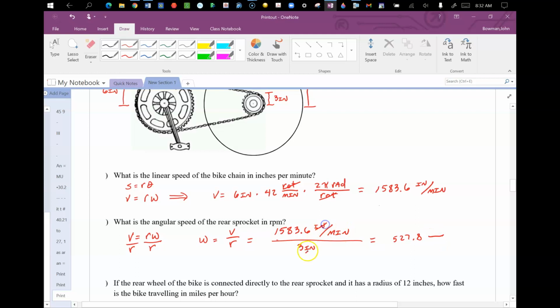Notice that the inches cancel out, so we'd have 1 over minutes, but we can throw radians in there because radians are dimensionless, radians per minute. But we can now convert that to rotations per minute.